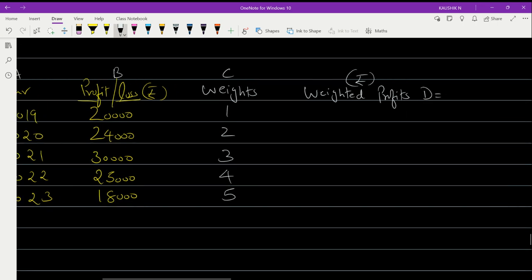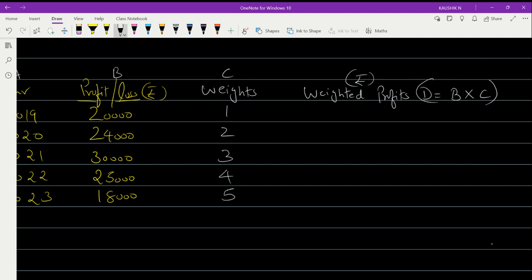The value of D column is derived by multiplying the amount in B column with the values in C column. So D column is equal to B column values into C column weights. This is how you are going to get it.